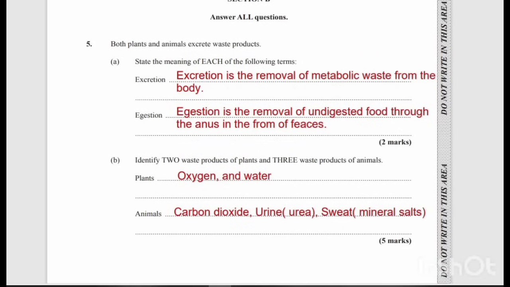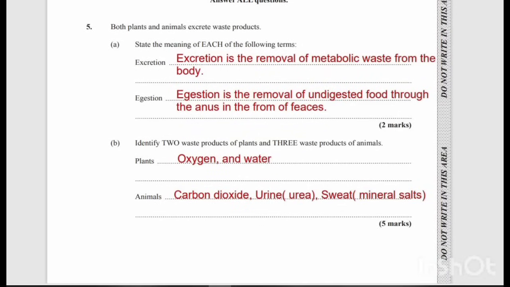It says identify 2 waste products of plants and 3 waste products of animals. So plants, their waste products would be oxygen and water. Animals would have carbon dioxide, urine or urea, sweat or mineral salts.